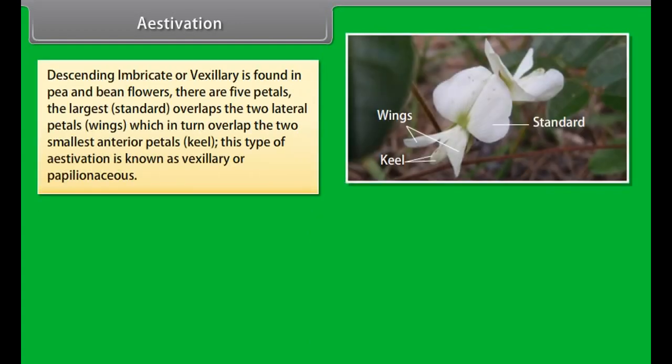Descending imbricate or vexillary is found in pea and bean flowers. There are 5 petals. The largest, standard, overlaps the 2 lateral petals, wings, which in turn overlap the 2 smallest anterior petals, keel. This type of estivation is known as vexillary or papilionaceous.